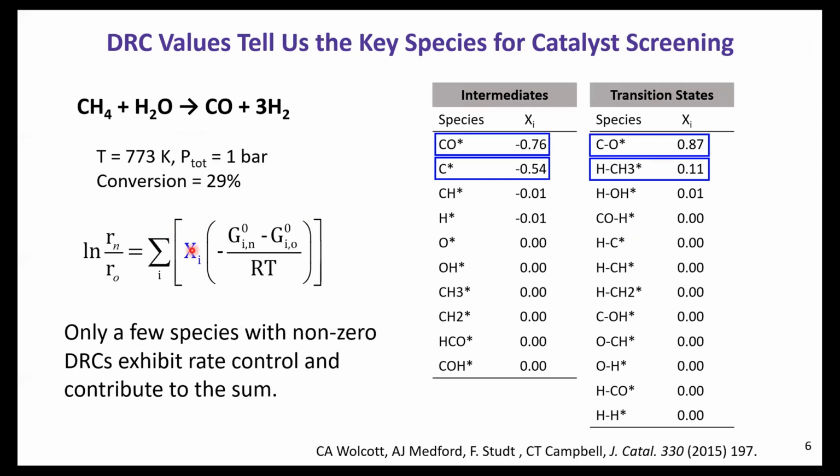In their method, they replace this DRC with a weighted factor of the DRCs of the species which are related together, and the energy change here is not the energy change of individual species, it's the energy change of the descriptor. For example, this can be the combination X of carbon star times the energy change of binding energy of carbon plus the combination of DRCs for oxygen binding energy times the energy change of oxygen binding between these two catalysts. Hope this answered your question.